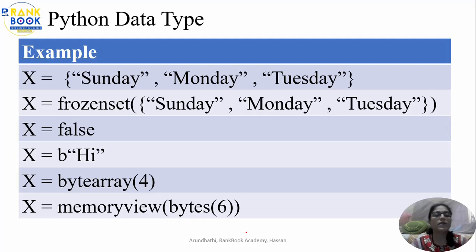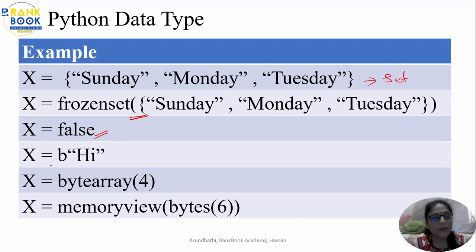Few more examples we can observe over here. So x in the curly brackets we have the set of days, so this is the representation of set, and frozen set, in which the parentheses along with the curly brackets, all the list of the days are kept here. So this is the example of frozen set, and here x is equal to False, it is a representation of boolean.